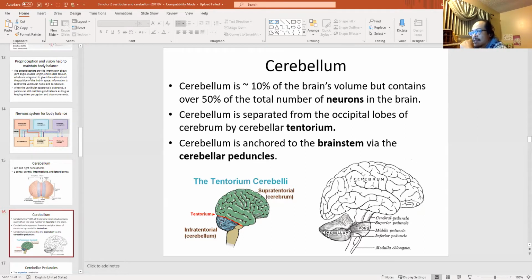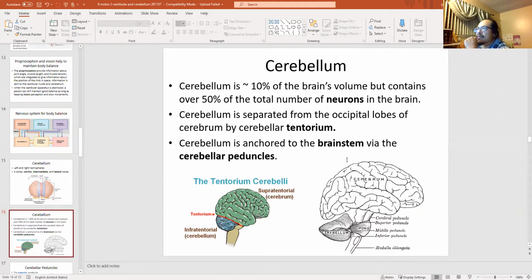This makes the cerebellum kind of like an isolated island. There's only one bridge connecting the cerebellum with the other parts of the brain, and that bridge is called the cerebellar peduncle.